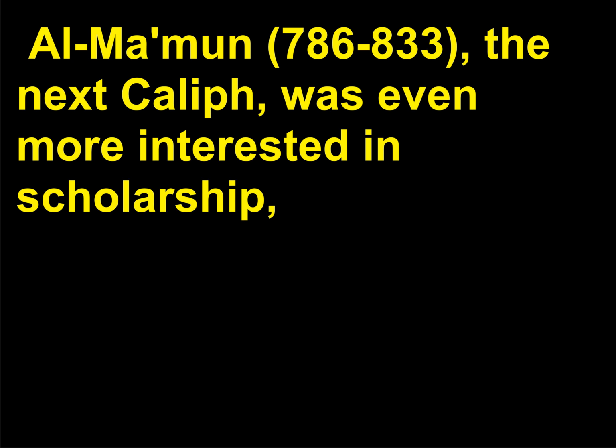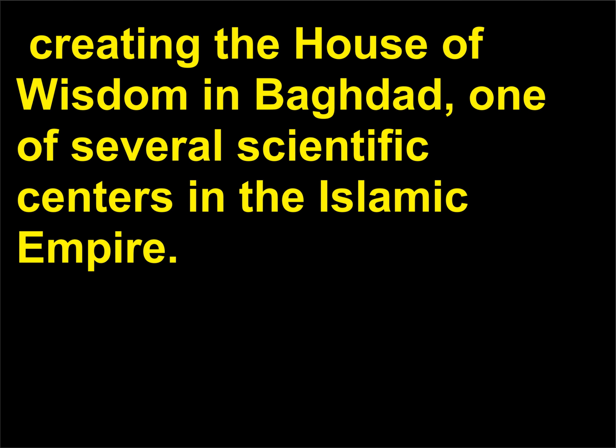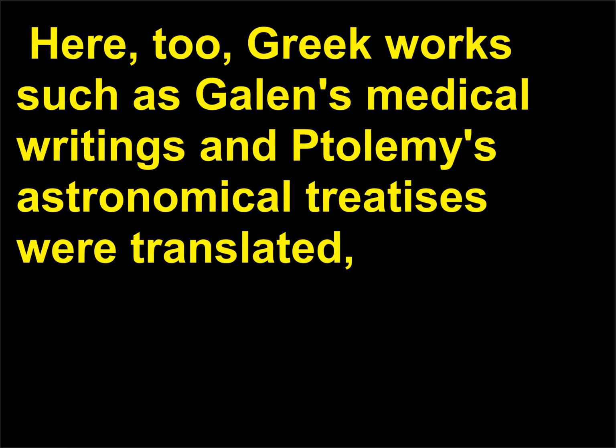Al-Ma'mun, 786 to 833, the next caliph, was even more interested in scholarship, creating the House of Wisdom in Baghdad, one of several scientific centers in the Islamic Empire. Here, too, Greek works such as Galen's medical writings and Ptolemy's astronomical treatises were translated.